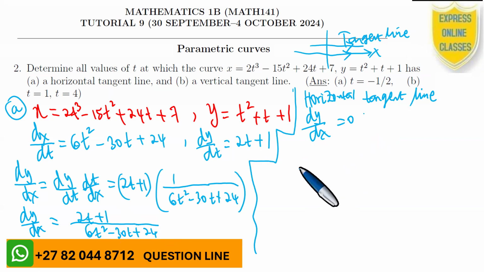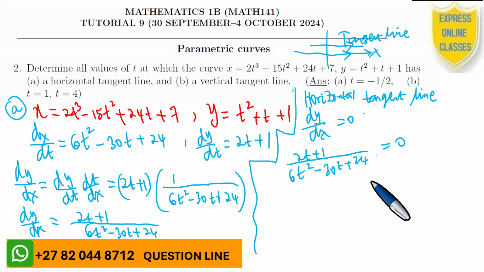And if this is the case, what is dy dx? It's 2t plus 1 over 6t squared minus 30t plus 24. The result is 0. You cross multiply, which means 2t plus 1 equals 0. T equals minus 1/2.